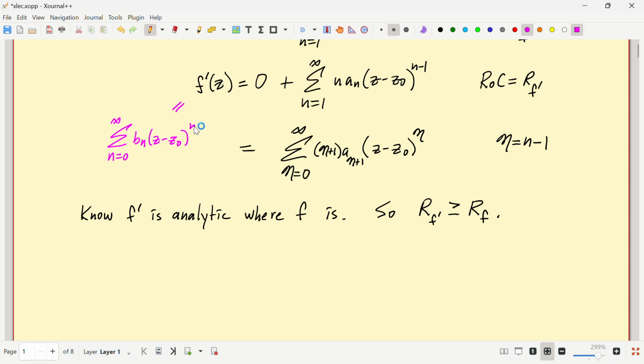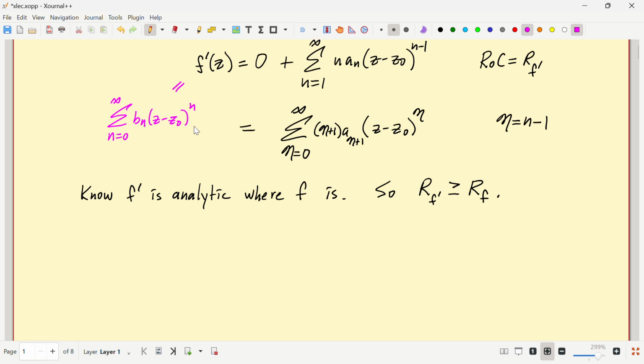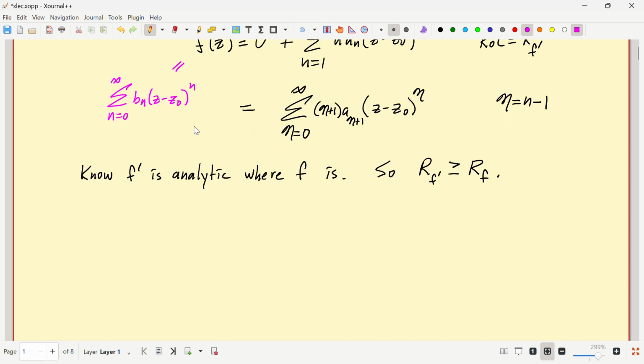I don't know that these coefficients are what I'm telling you they are, but I'm going to show you that those bn's are given by the formula that you get by differentiating term by term. Okay, so we know that the radius of convergence of f prime is bigger than or equal to r sub f. And last time I showed you that if it was strictly bigger, then you'd take it.